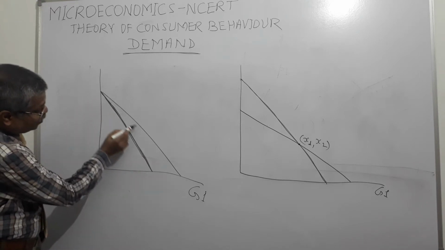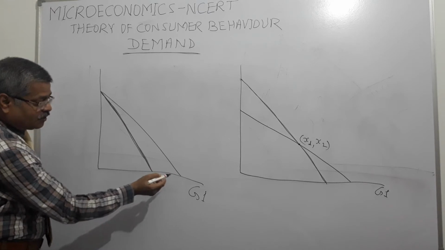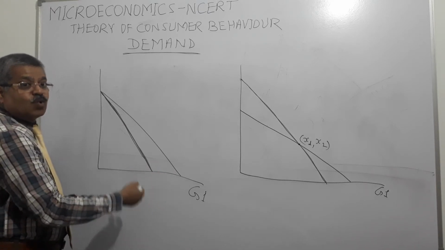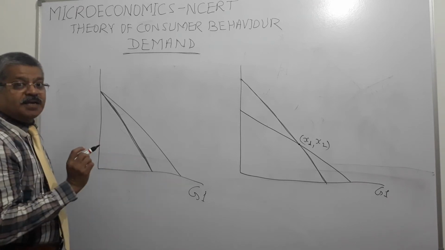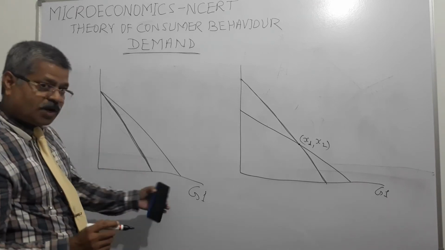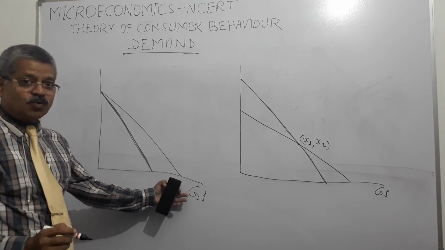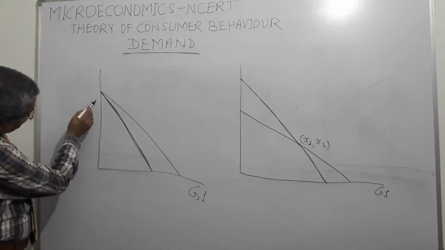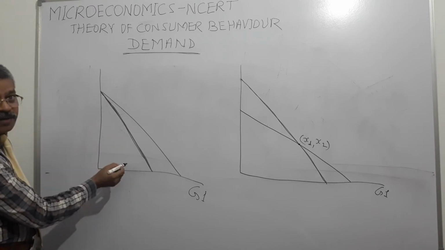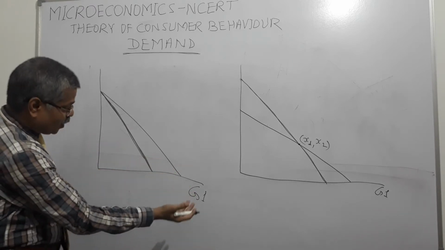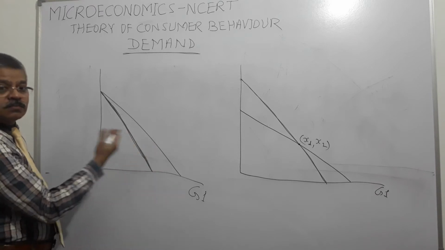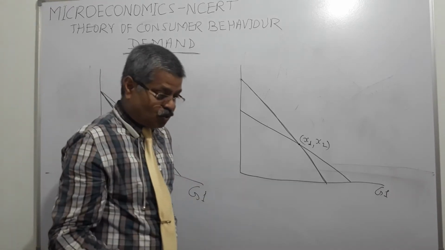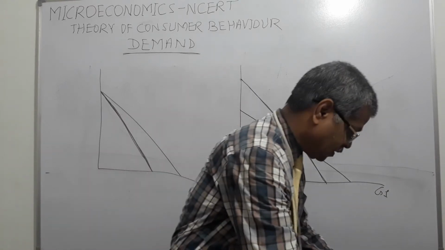The budget line now shifts outward or rightward because now the consumer can afford more of the goods with the same income. And what will happen if the price of good 1 goes up? This budget line will shift leftward or inward because with the same income the consumer will be able to buy less, because the price of good 1 has gone up.